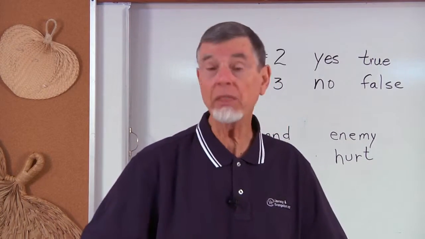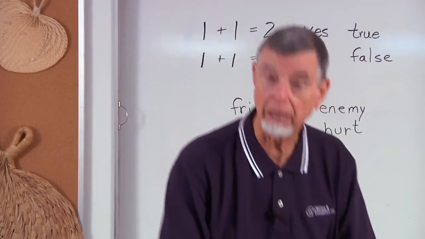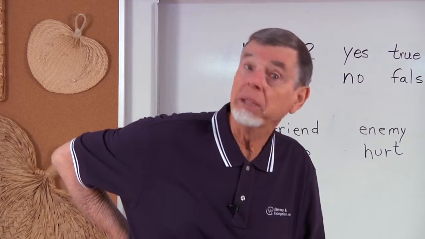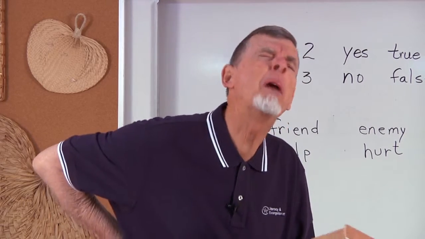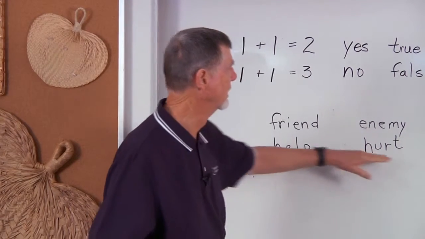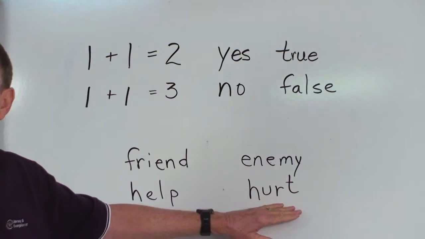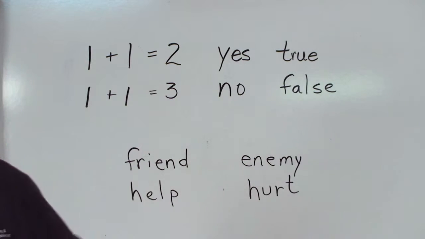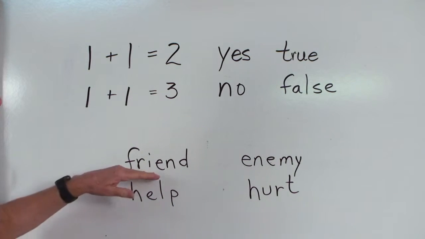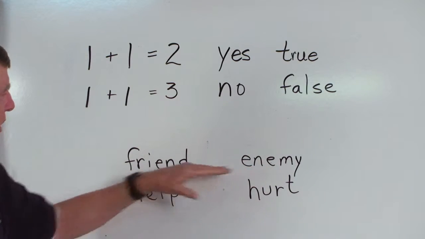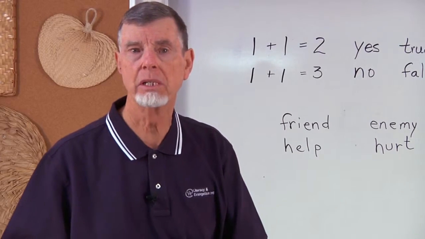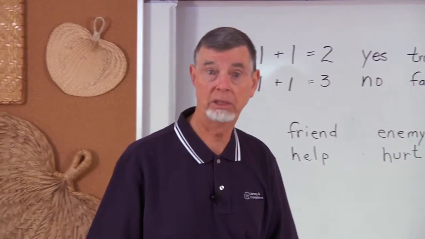Another way of doing it would be if you're lifting up the box, your partner can suddenly grab his back or her back, oh, it hurts, and so they're demonstrating that the opposite of helping is hurting. You have to be careful also that hurt is the opposite of helping, so you want to show the relationship between friend and enemy and helping and hurt. A friend helps, an enemy hurts.